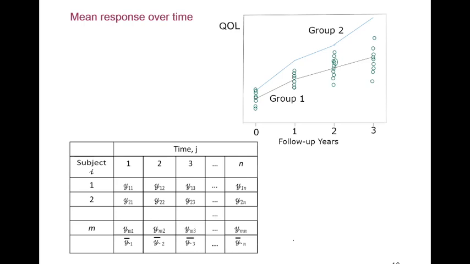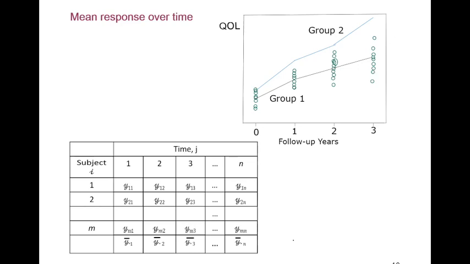There is no substantial evidence that this is nonlinear. It pretty much follows a linear trend. We can also tell that group 2 has a better improvement compared to group 1. And we can tell that the data variability increases over time.